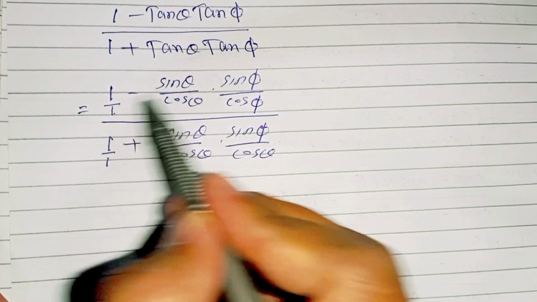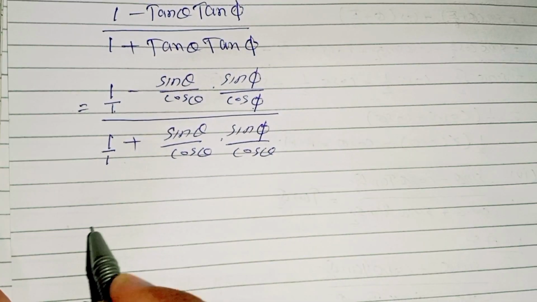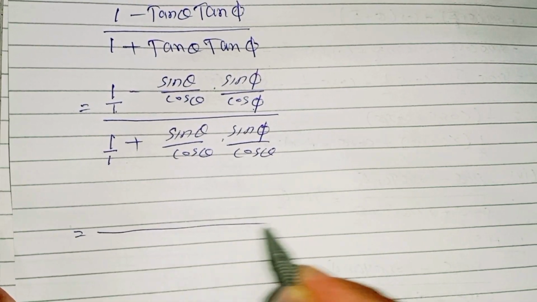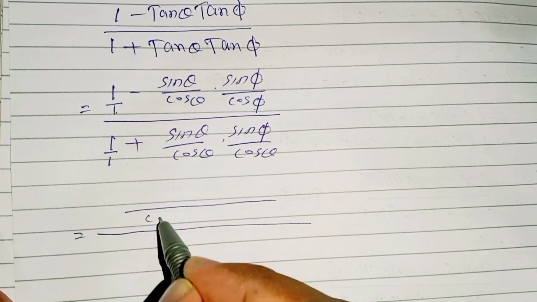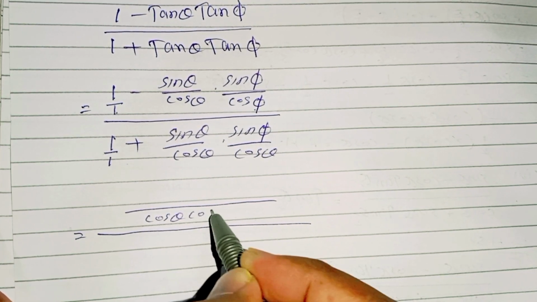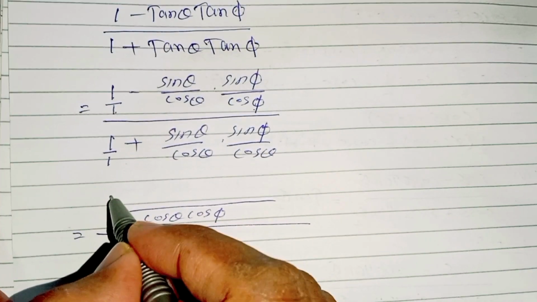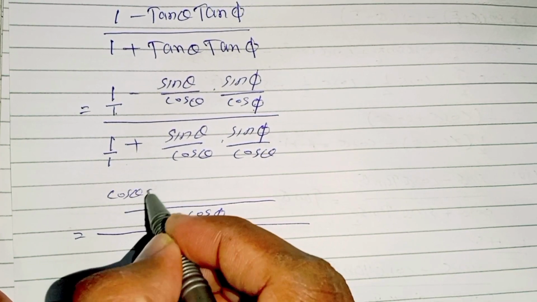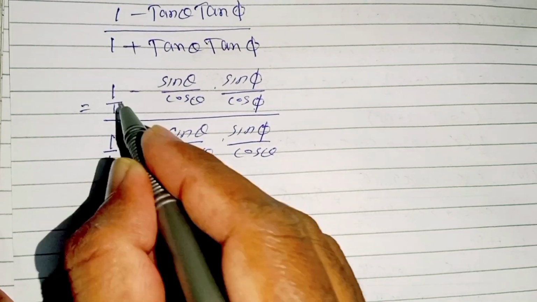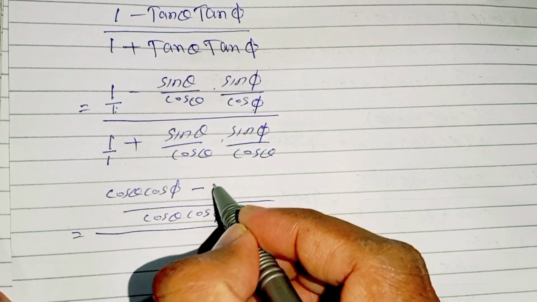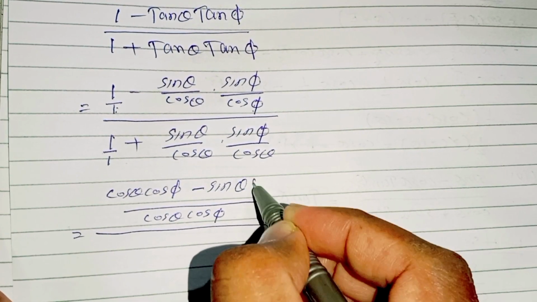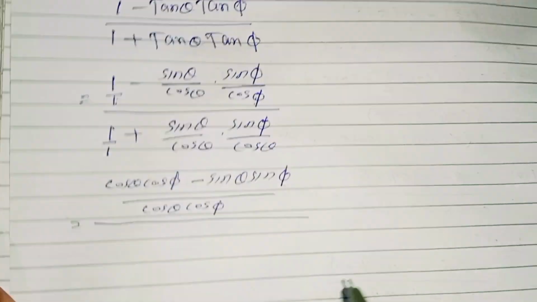The LCM of 1 and cos theta cos phi will become cos theta cos phi. Cos theta cos phi multiplied by 1, we have cos theta cos phi, and 1 multiplied by sin theta sin phi, we have sin theta sin phi.